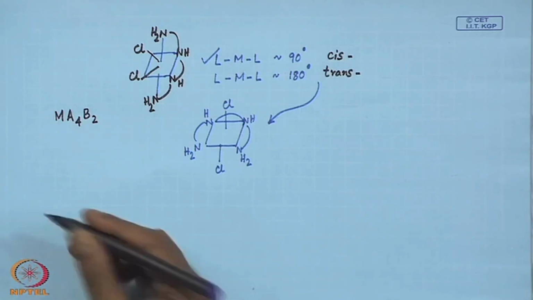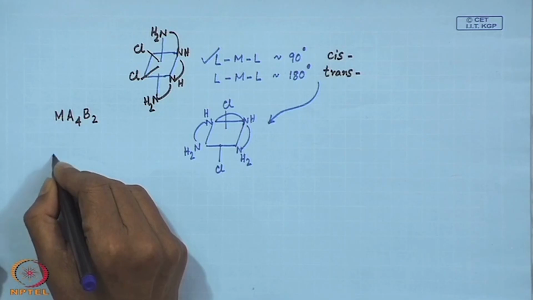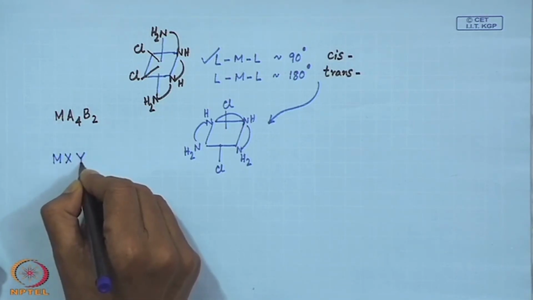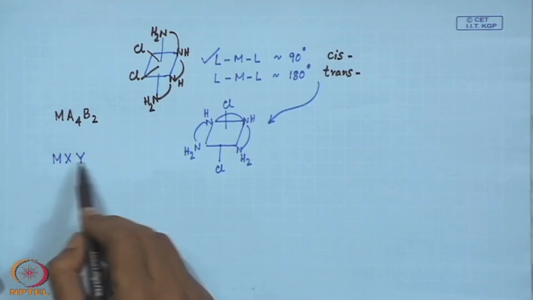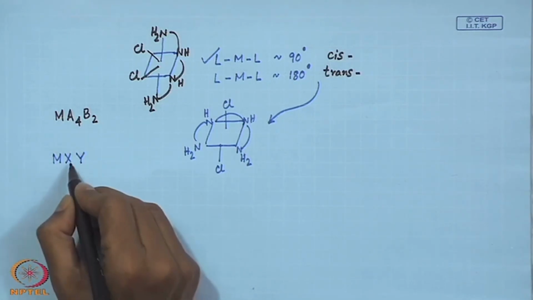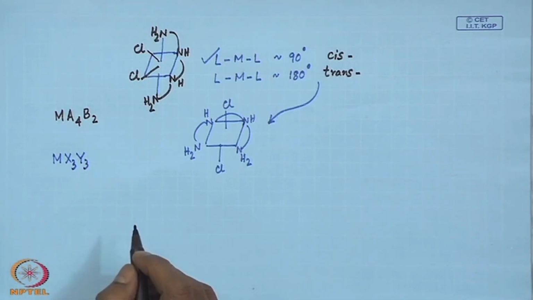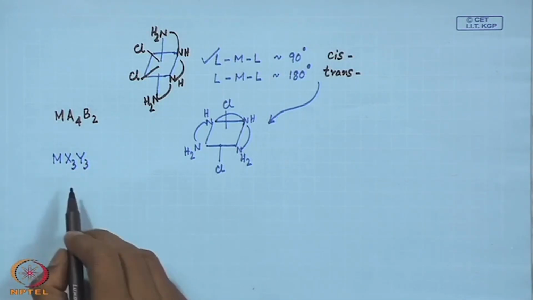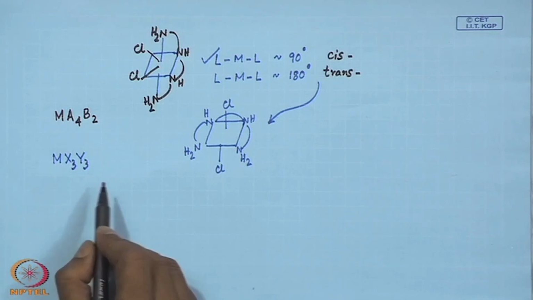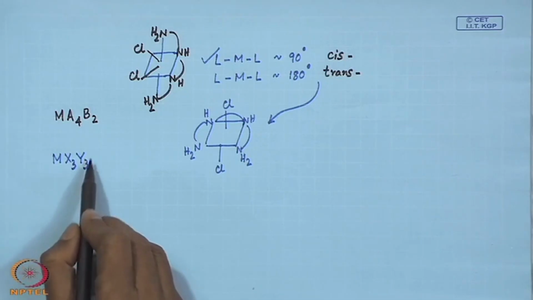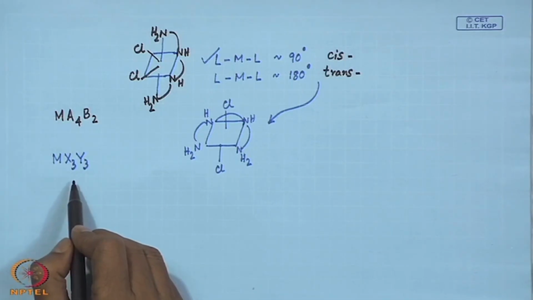Now we simply move on to the other system, where we can have two different ligands again, like A and B or X and Y, it is all the same, but their numbers are now three each. That means three of X and three of Y. And what type of possibilities can we have with this type of arrangement?